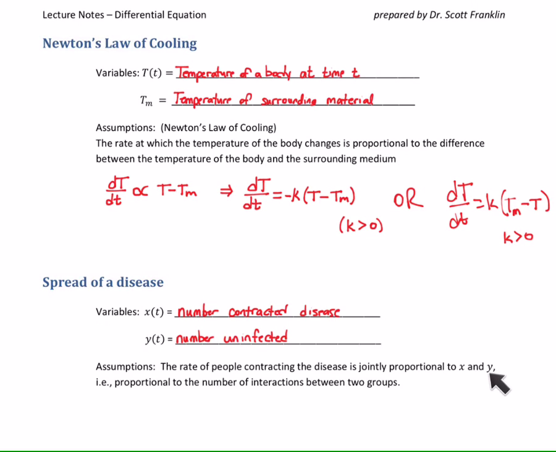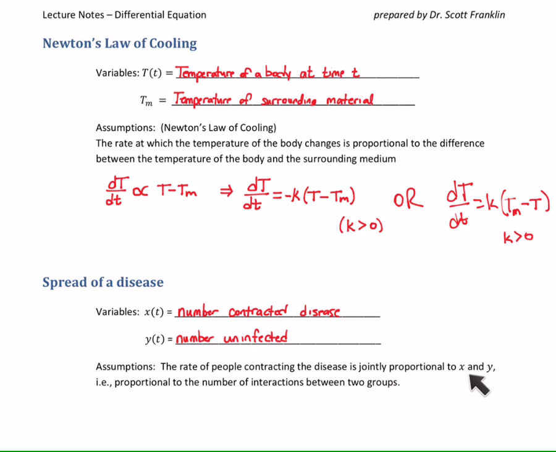So if you held Y fixed and X got larger, then more people are going to contract the disease. If you held X fixed and Y got larger, then more people are going to get the disease. If they both go up, then more people are going to get infected. If they both go down, then fewer people are going to be infected. Okay? So the way that you do a jointly proportional problem is just the product.